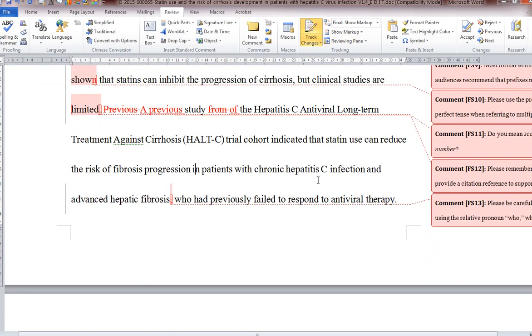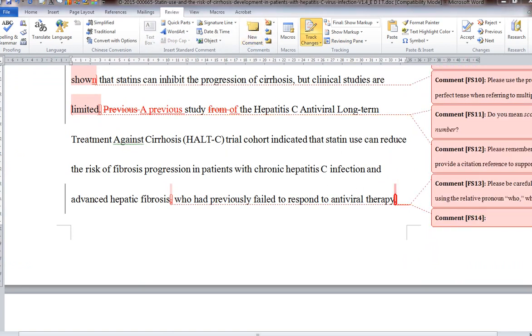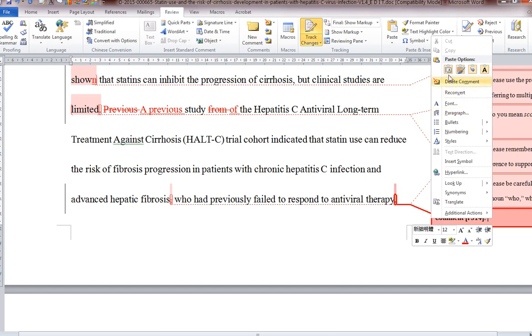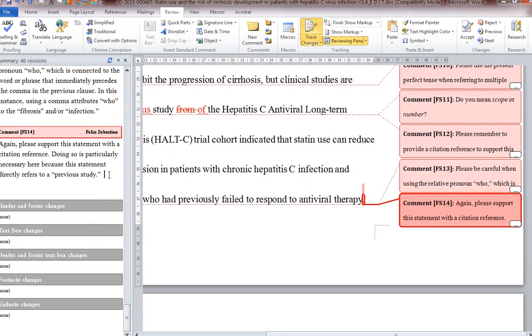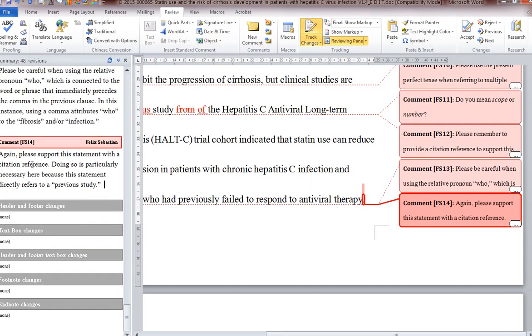Okay, but I'm also concerned about this statement, a previous study. This one directly refers to a study, so I'm gonna add another reminder, and I'm gonna specify why. Okay, again, please support this statement. Now I like to use the word again. I don't want the author to think that I'm not paying attention to what I'm doing or that I'm insulting his or her intelligence.